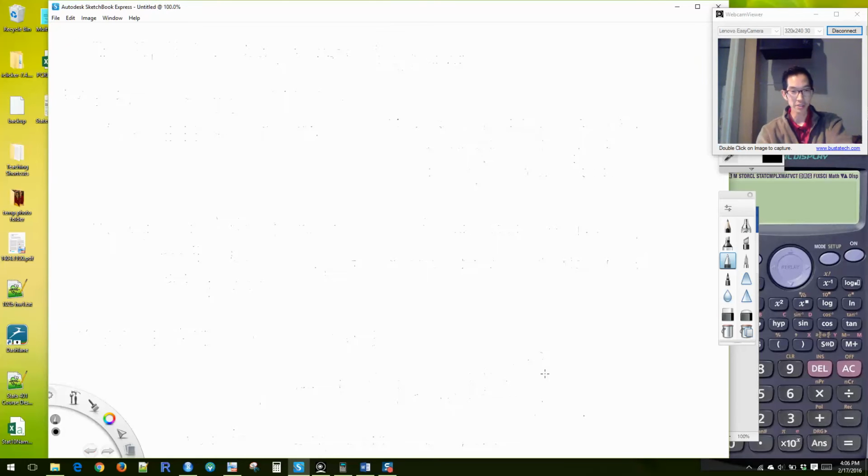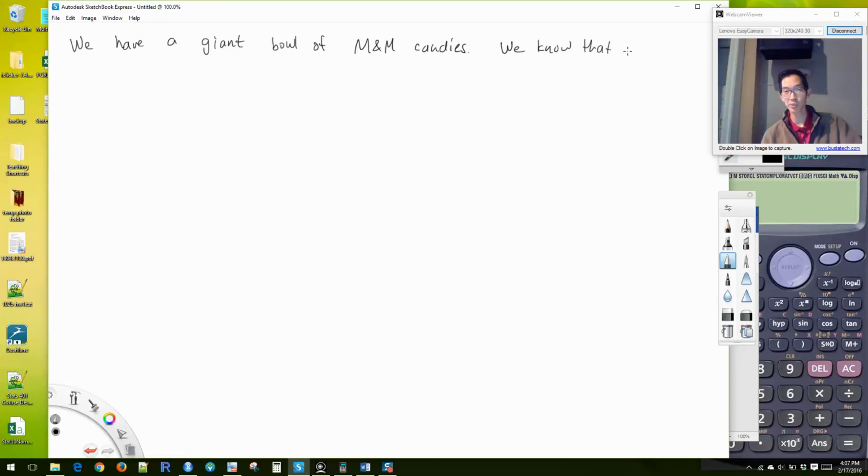Let's say we have a giant bowl of M&M candies, and we know that in this bowl exactly 17% are blue.